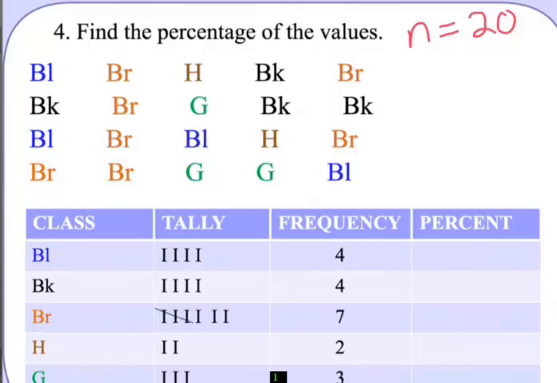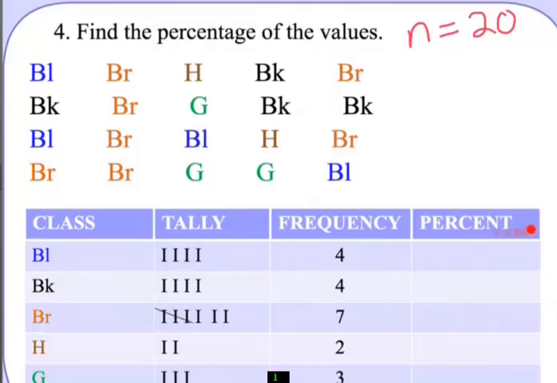So my N is 20. And it's going to be very important that we remember what N is. It's going to come back into play in several other places throughout the semester, so make sure that you begin to get the idea of the N.